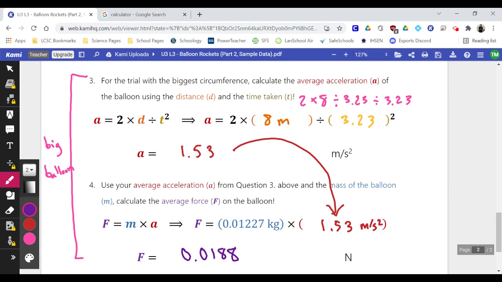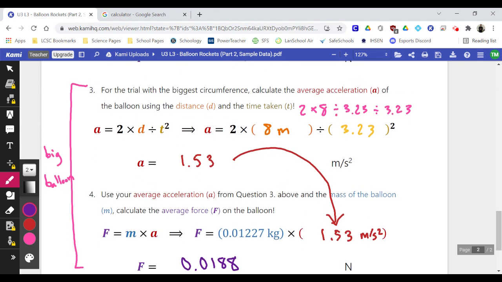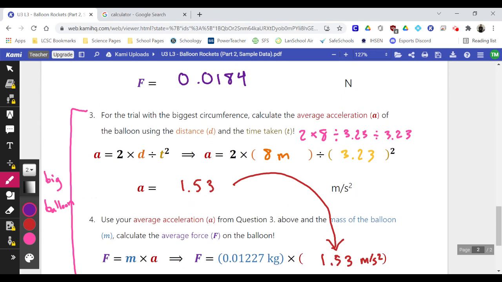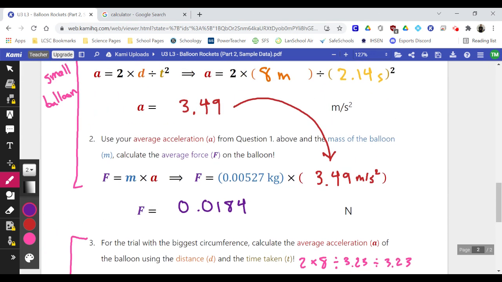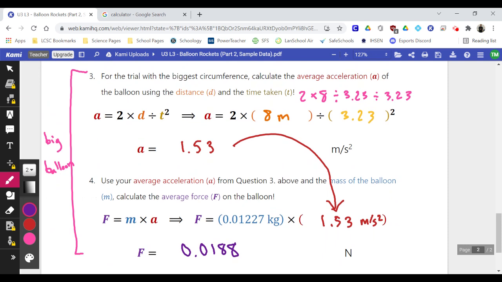So whether it's a big balloon or a small balloon, whether it accelerates slowly or quickly, it winds up having about the same amount of force, which is kind of crazy. Depending on how your math works out, it might not be exactly the same. You might have quite a big difference in force between one balloon and another, but it just so happens that the force on these two balloons was pretty darn similar.